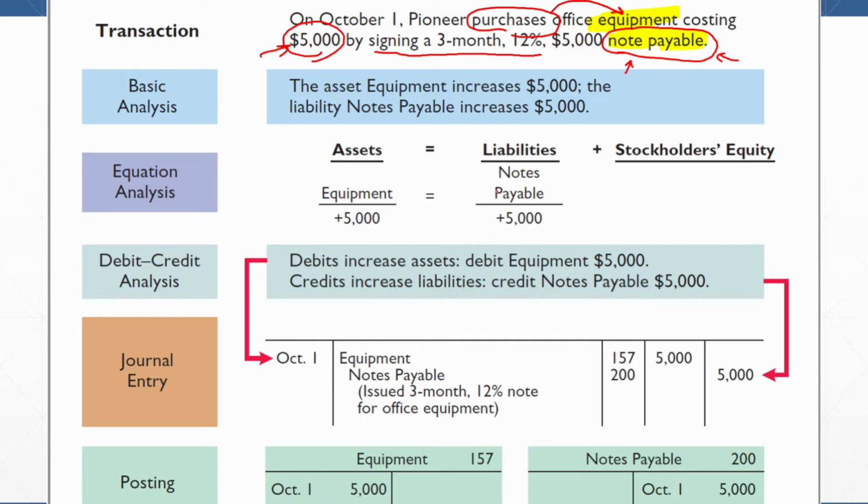So equipment is increased because we purchased a new piece of equipment, and liabilities are also increased because before this transaction we were not liable to pay anything to anyone. We had not promised anyone, but due to this transaction we have a new promise to pay. It is increased. Notes payable are liabilities.